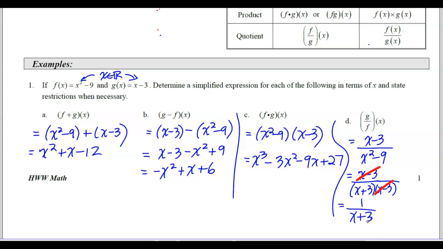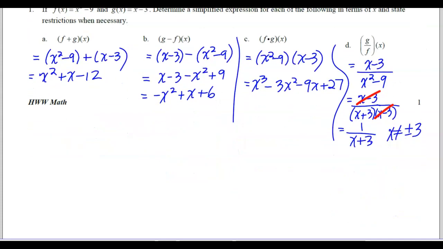Here, remember back to math 10, you look at the factored form before you simplify anything. So here, x cannot equal positive or negative 3. Don't just look at the final answer. You want to look at the factored form before you simplify. So you cannot divide by 0.